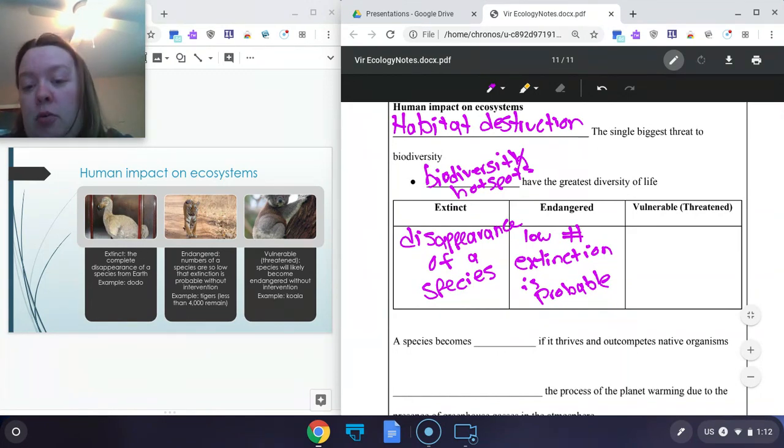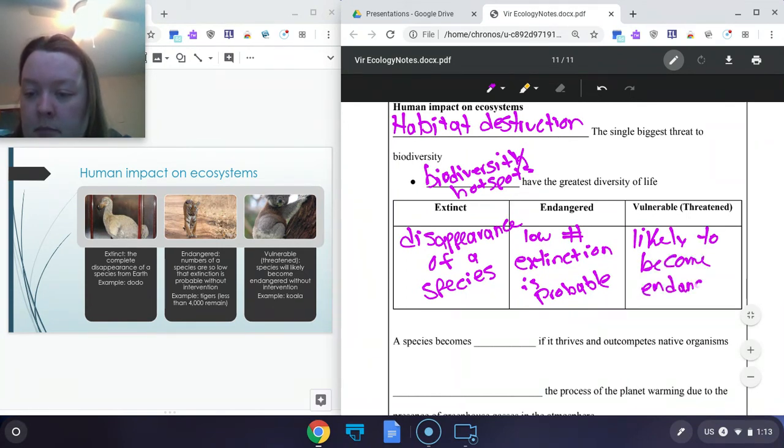Just prior to a species being considered endangered, they are called vulnerable or threatened, meaning they are likely to become endangered. Again, they're likely to become endangered without some type of intervention to prevent further destruction or to help them breed more. An example of that would be the koala.